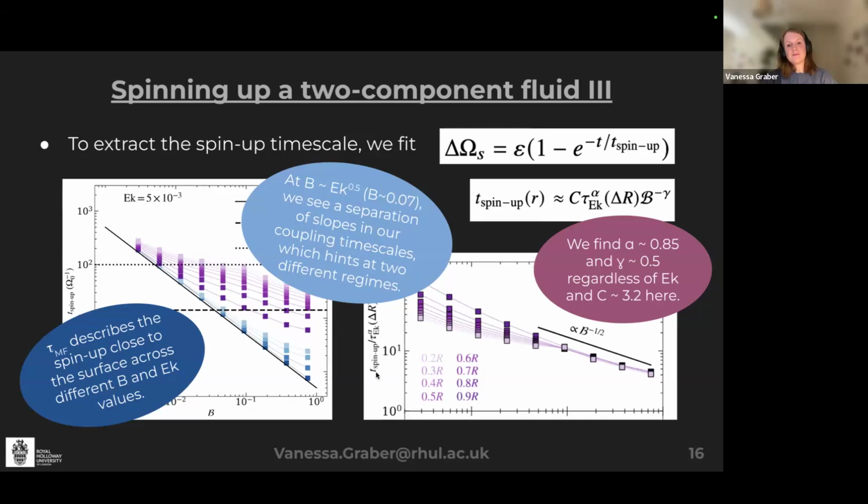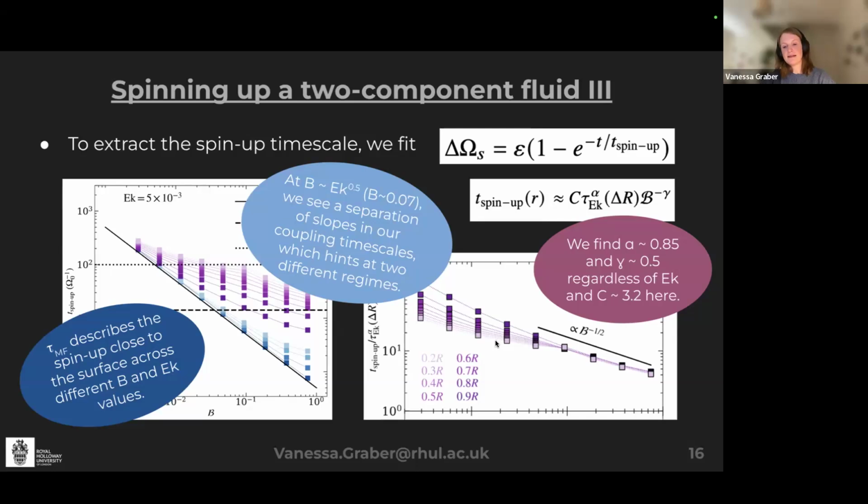If we plot the actual measured spin-up timescale and divide it by this effective Ekman timescale, we see exactly this behavior: roughly above 0.07, the timescale or the problem is characterized by 1 over the square root of the mutual friction coefficient, while at the lower end, we don't really understand the behavior very well.